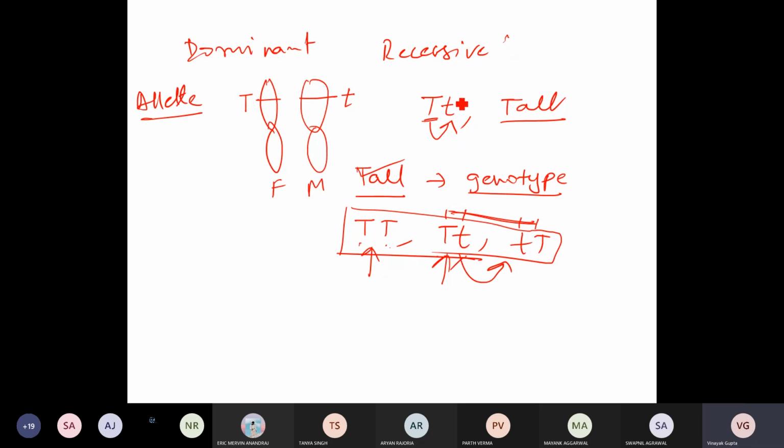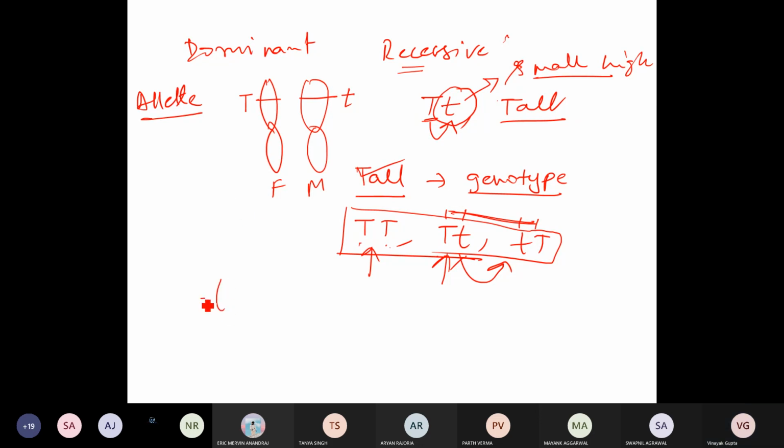Recessive means the phenotype which corresponds to the second allele, which is not dominant. What is the trait here which corresponds to small t? Small height. Small height is the trait associated with the small t, but this small height is going to be visible only in the recessive condition.